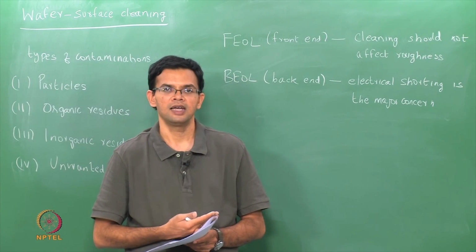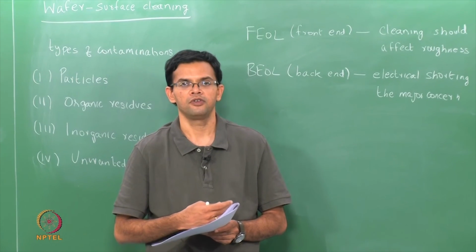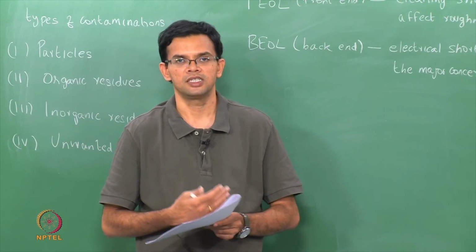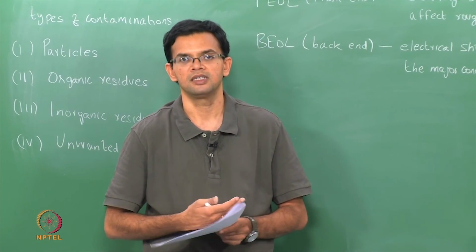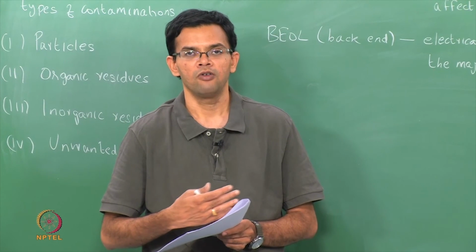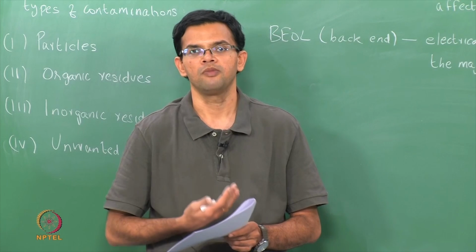So, in the next class we are going to look at the various components of your integrated circuit. So, we saw that the integrated circuit is essentially formed from various devices like diodes and transistors. So, we are going to see how all of these are fabricated and how they come together to form the IC circuit.